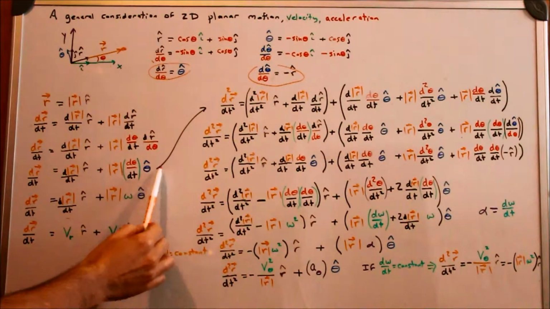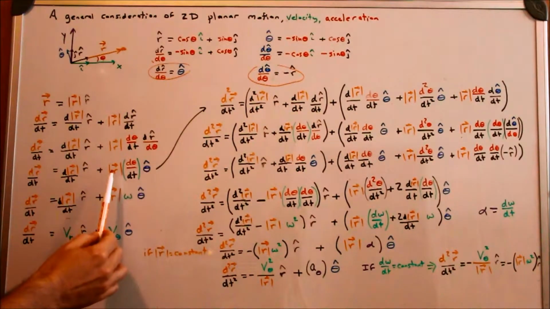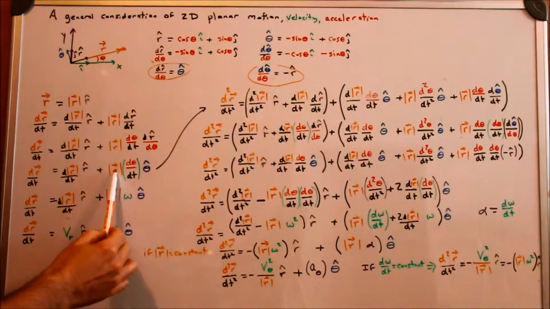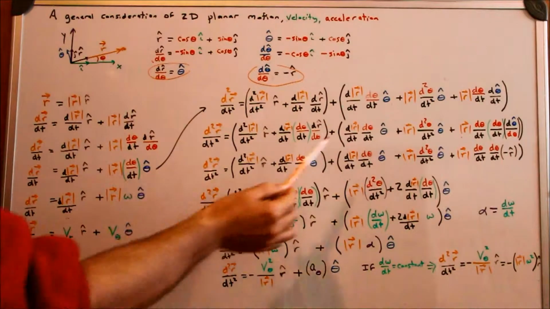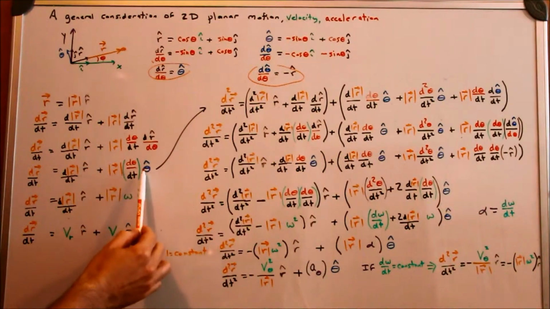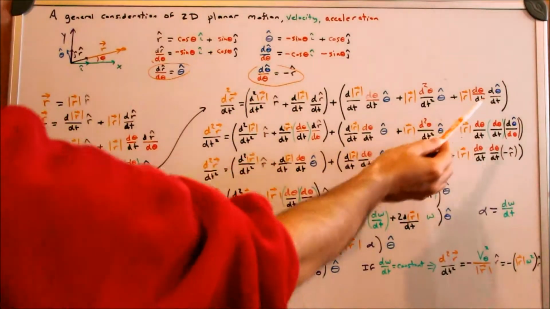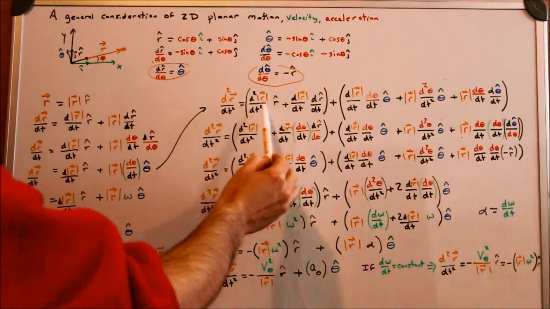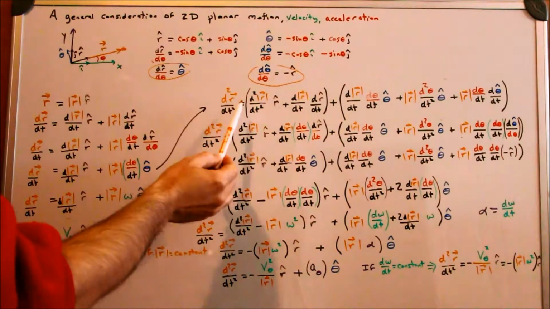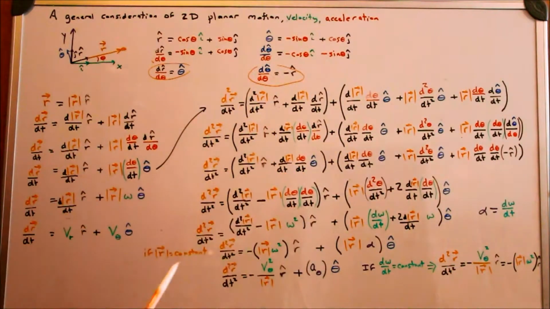And here I have three terms that will be multiplied together, so I can take the derivative of this with respect to time times this times the derivative of this with respect to time, which is here, and this times the derivative of theta hat with respect to time. So here's my second derivative with respect to time of r hat, these terms right here.